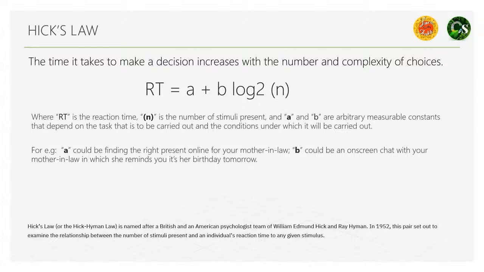So say, for example, A can be finding the right present online for your mother-in-law, while B could be the on-screen chat with your mother-in-law in which she reminds you it is her birthday tomorrow. So it is a combination of A plus B.